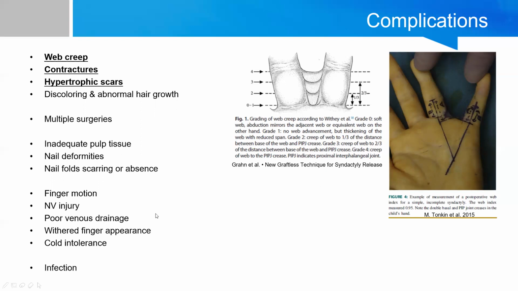The other long-term complications include complications of the finger motion, whether stiffness or instability, neurovascular injury, poor venous drainage with overzealous defatting, especially over the dorsal aspect, withered finger appearance, and cold intolerance. All of these have been reported.